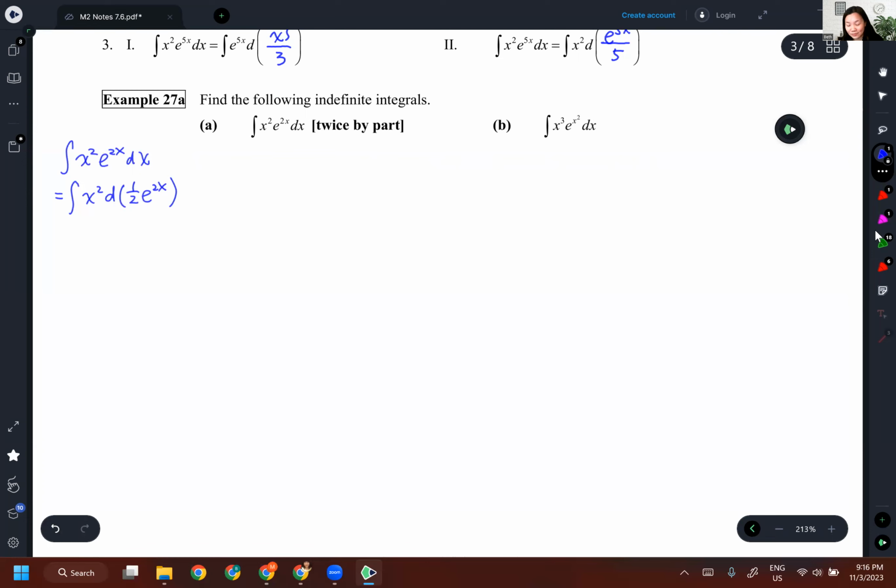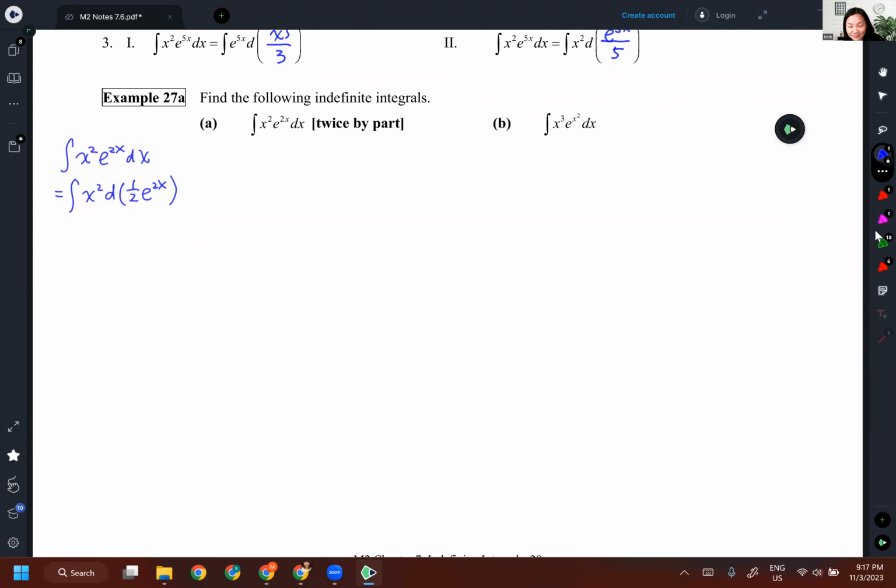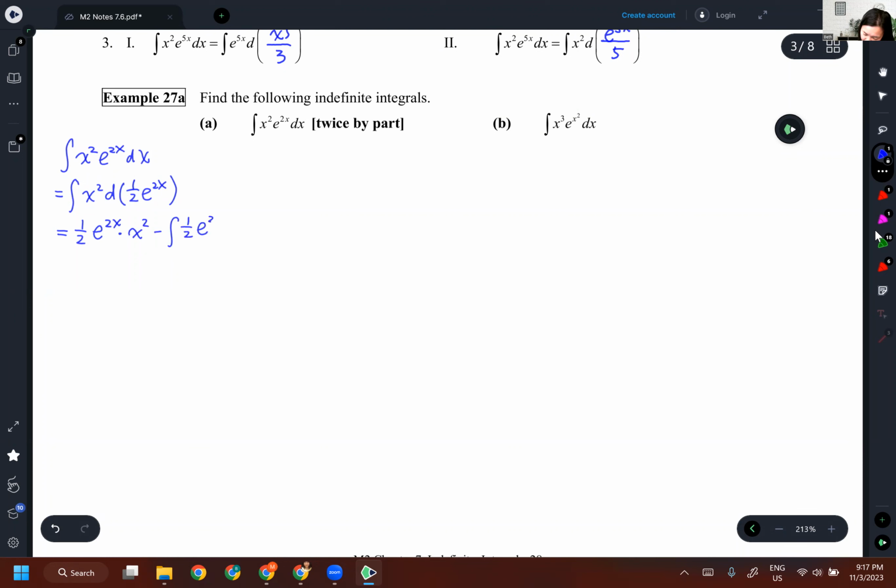As you can see, I already picked the second one. And then I will do uv minus v du. Integration by parts.